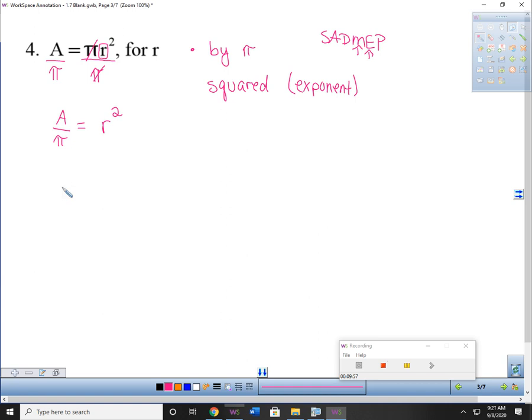So if I'm going to solve for r, I have to get rid of that squared. How do you get rid of a square? You have to square root it, right? And I have to square root this whole side. That way my square and my square root cancel out, right? So I get r is equal to the square root of area divided by pi.